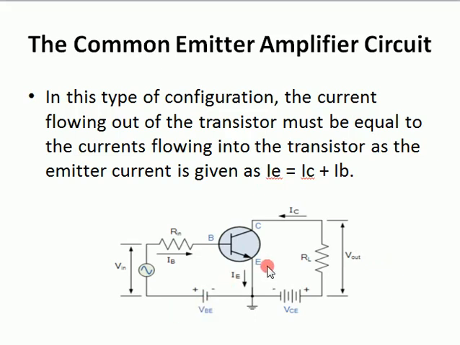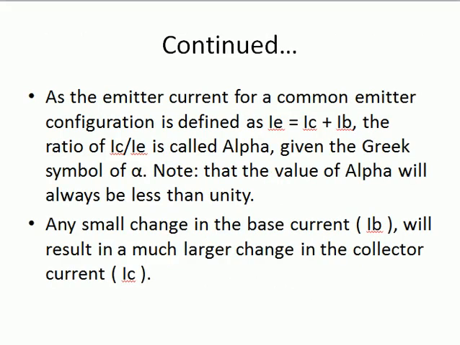We use the term flowing out of the transistor because IE is flowing out from the transistor, and that must be equal to the currents flowing into the transistor. IB is flowing into the transistor as well as IC.